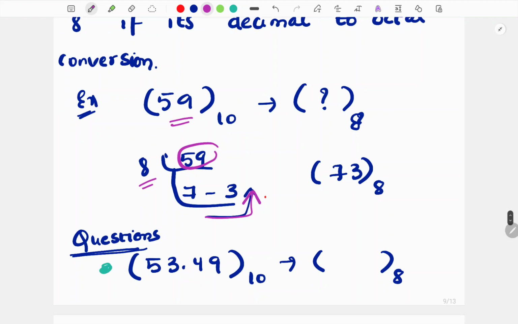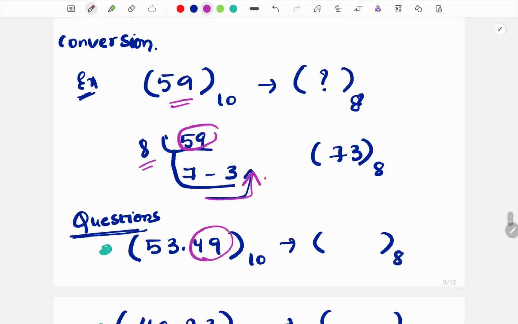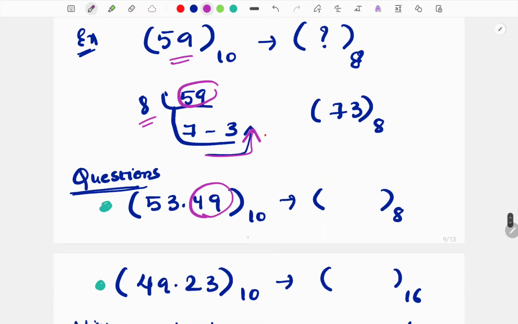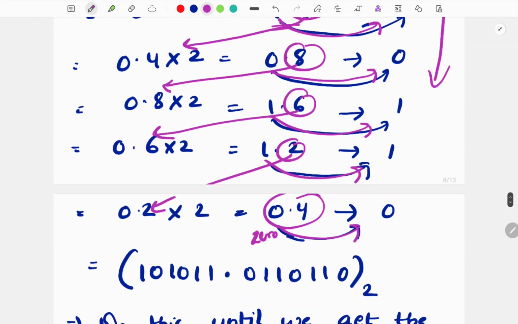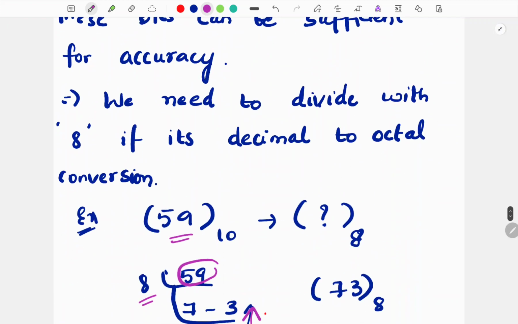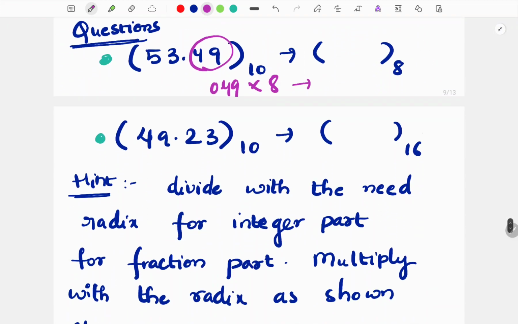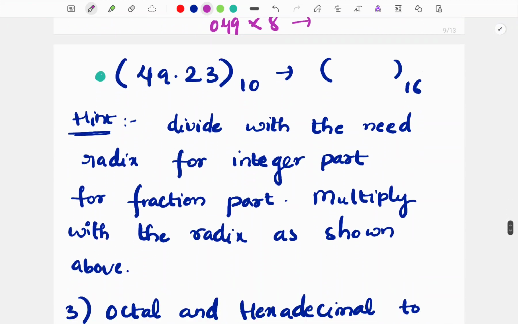If it is a fraction part, similarly take the fraction part and multiply with 8, and as shown above, take the integer parts aside and multiply the fraction parts only until we get a sufficient number of digits for octal. Similarly for hexadecimal. Consider this as a practice for you and do it.